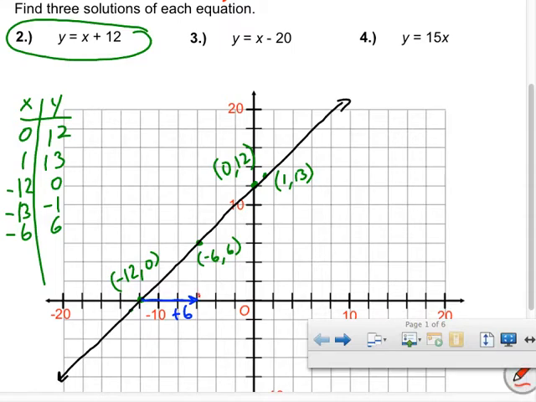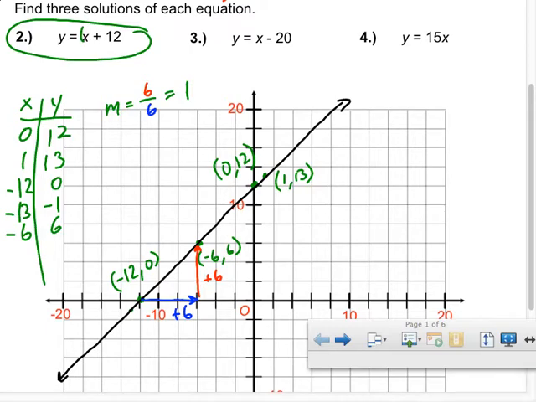What's my rise going to be? It's going to be plus 6 again. So remember slope. My slope equals the rise over the run. In this case, it's going to equal 1. So we have my rise, 6, over my run, 6, equals 1. And 1 I can put in front of my x over here.